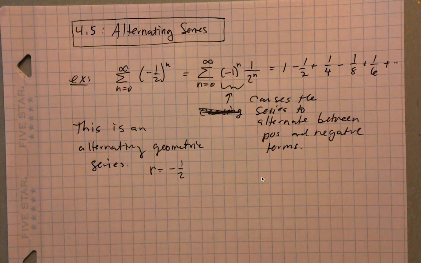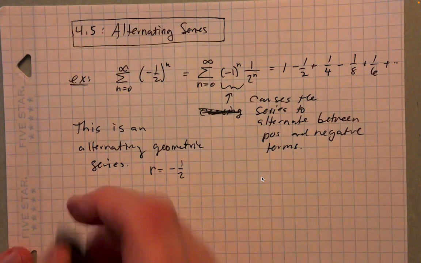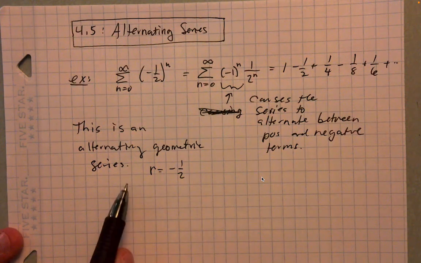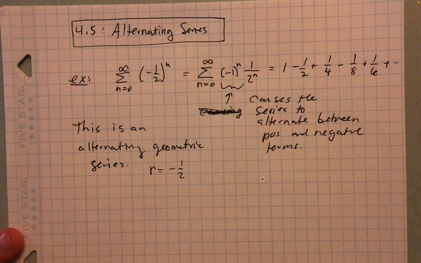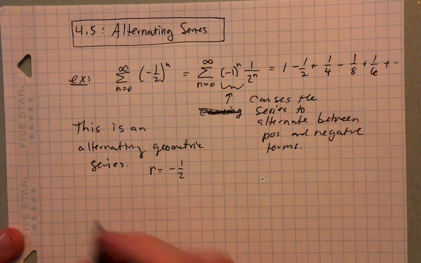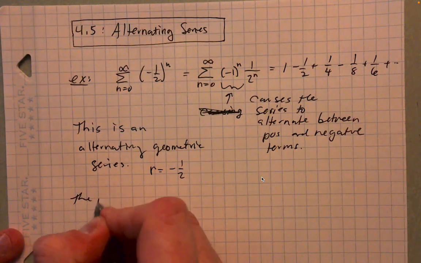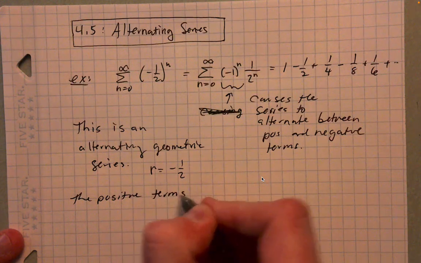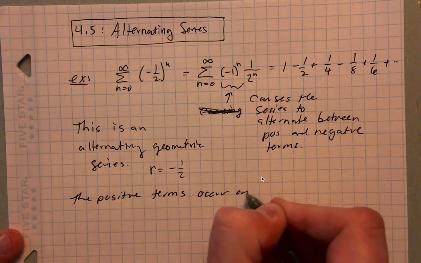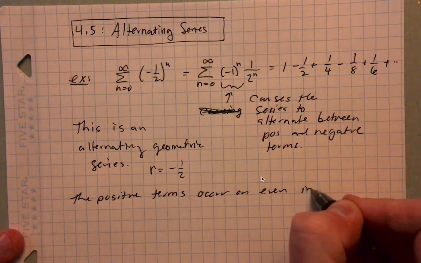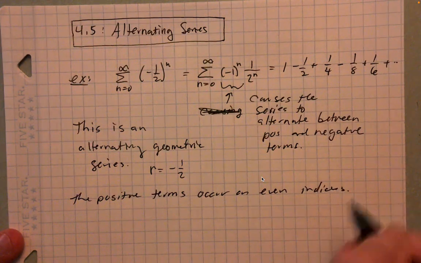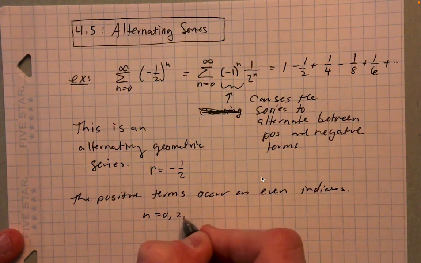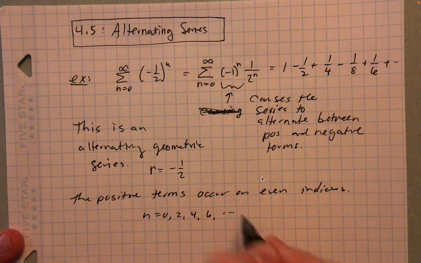This happens to be an example where the positive terms occur on the even indices, so n equals 0, 2, 4, 6, and so on.